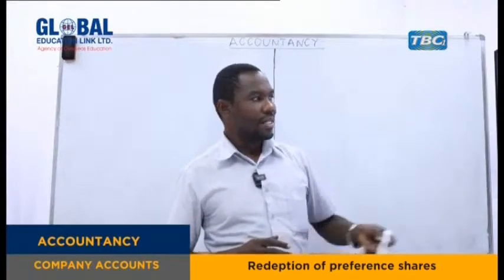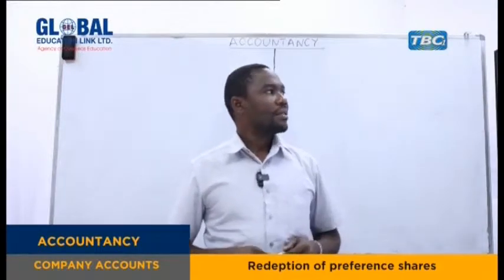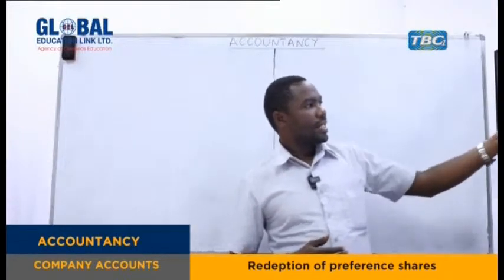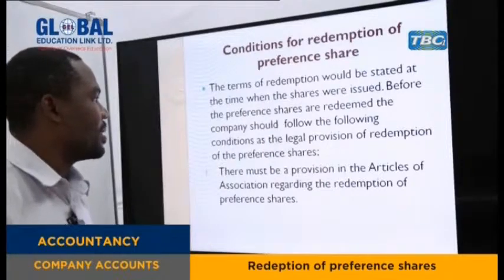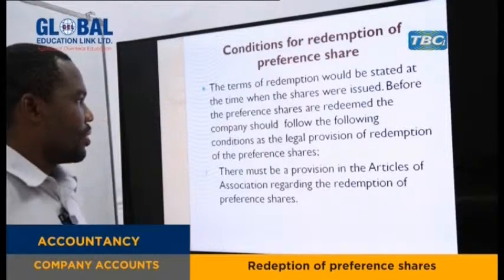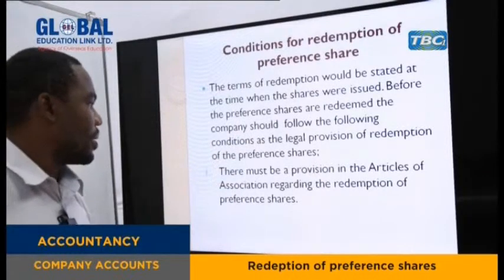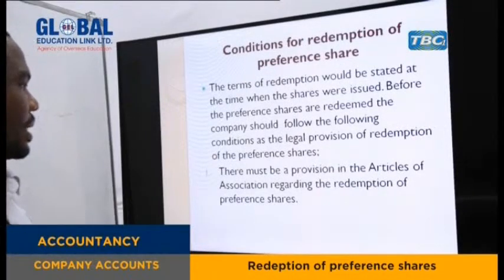In order for the company to redeem these shares, it must at least go through these conditions. So the terms of redemption would be stated at the time when these shares were issued. And of course, before the preference shares are redeemed, the company should follow the conditions as a legal provision for the redemption of these preference shares.